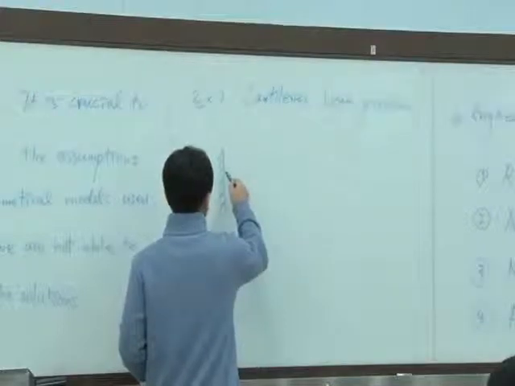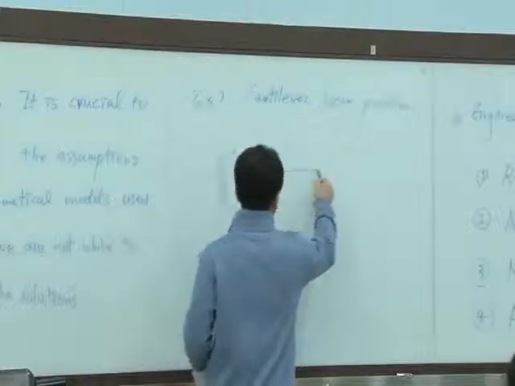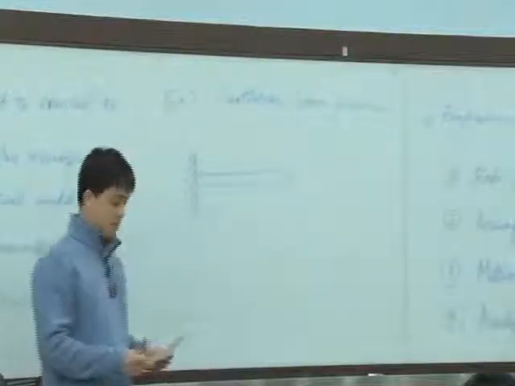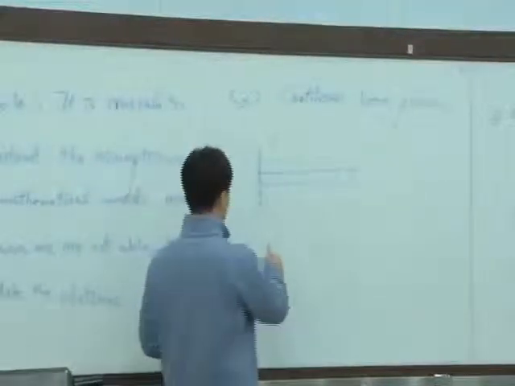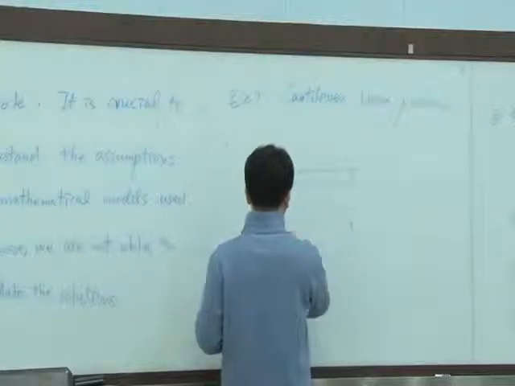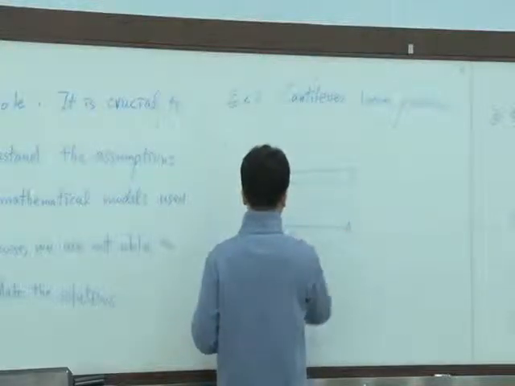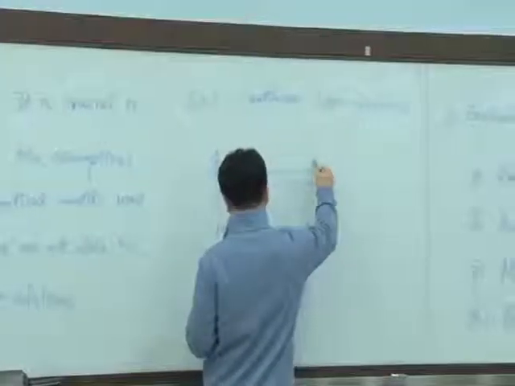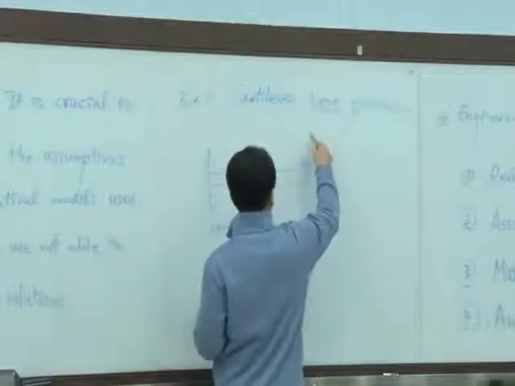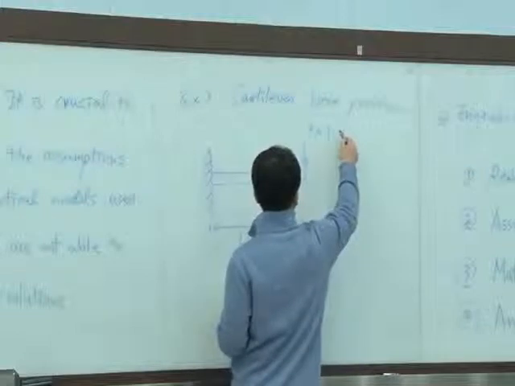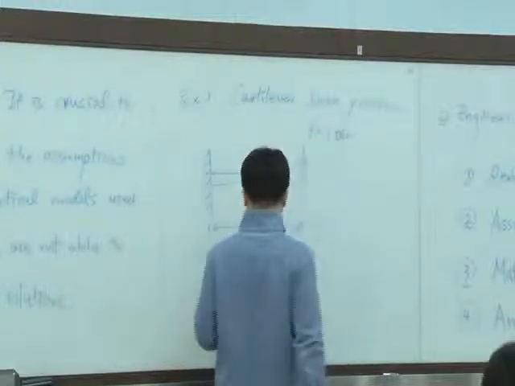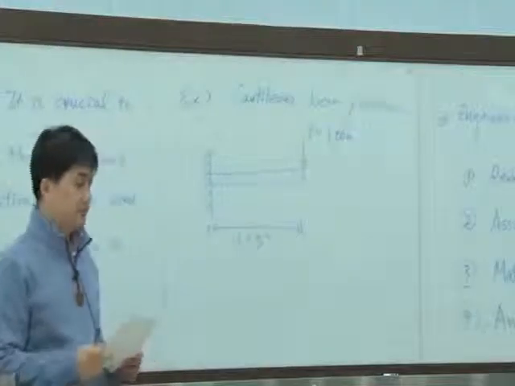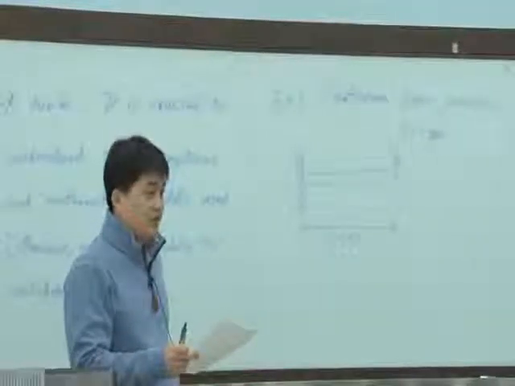Here we have a fixed end and a straight, prismatic cantilever beam. Let's say the length of this beam equals 5 meters, and we apply some force P equal to 1 ton.